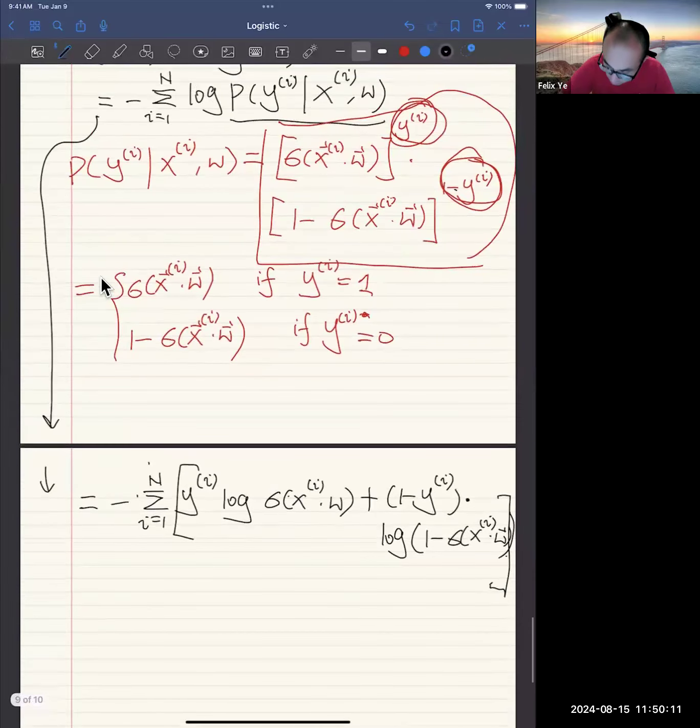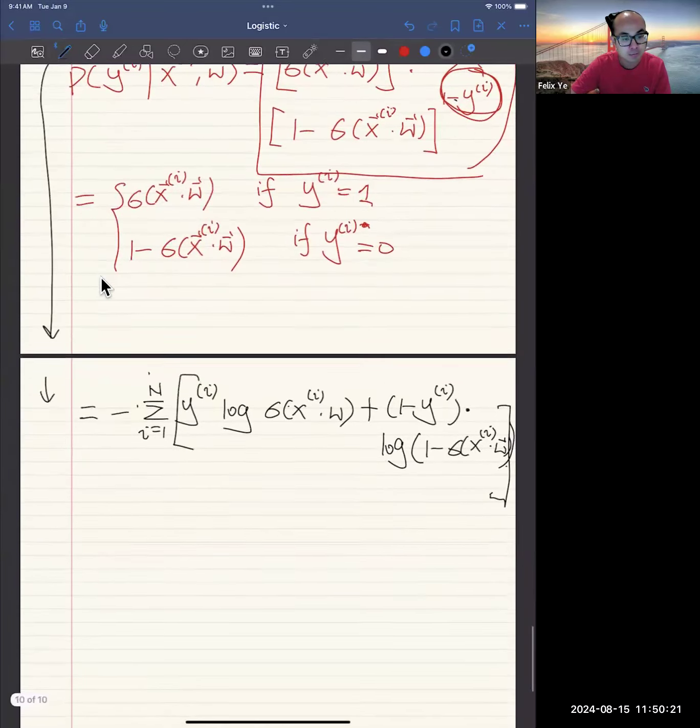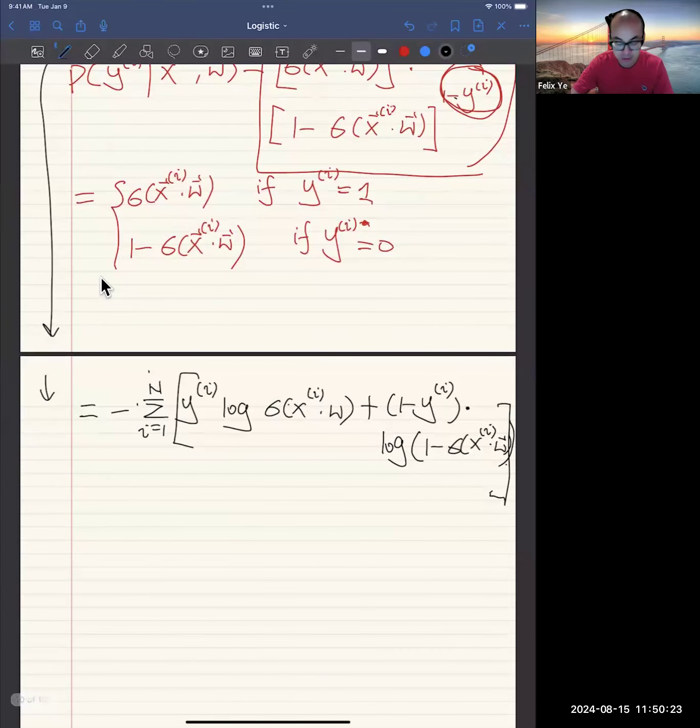So this is nothing but putting the power down and taking the logarithm of each component. This is quite straightforward.